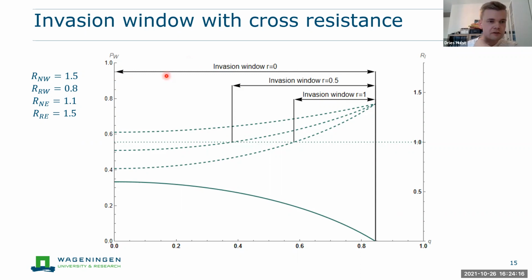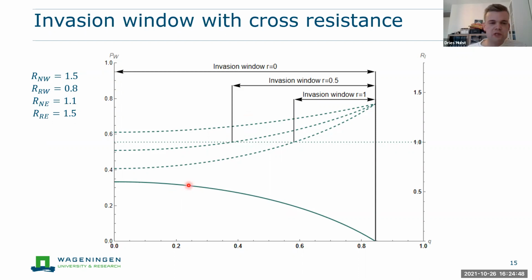And that's mainly because, of course, we set some values for the reproduction ratios, and the escape mutant has a reproduction ratio of above 1 in non-resistant hosts. But what you clearly see here is that although it is above 1, if there is cross resistance, that doesn't mean that the escape mutant can always infect these hosts, because it is outcompeted by the wild type.